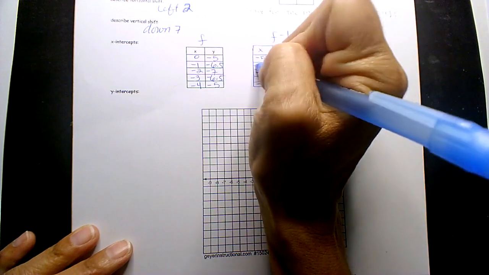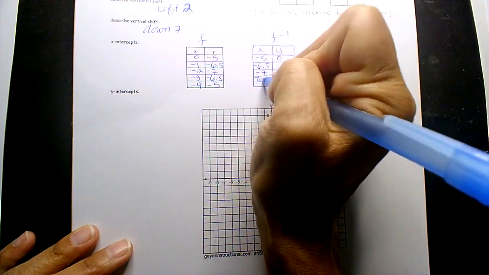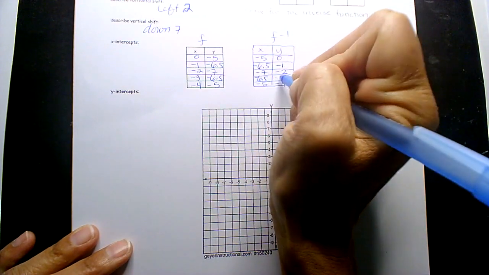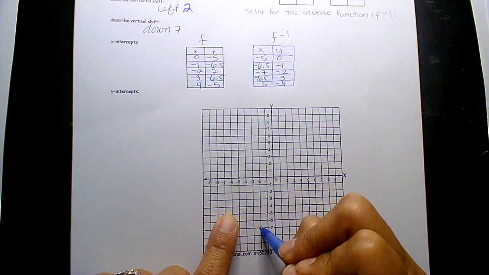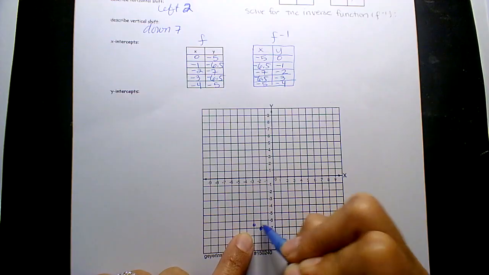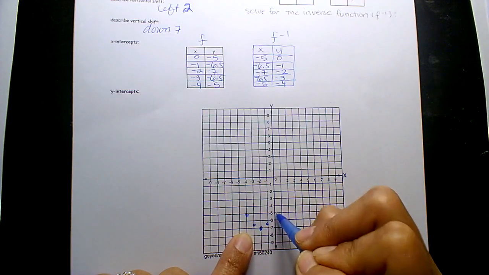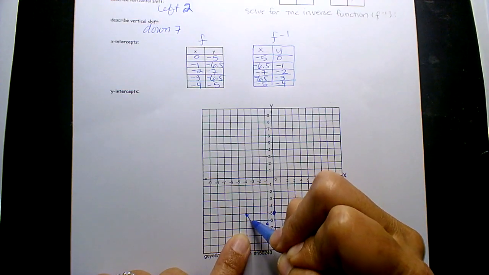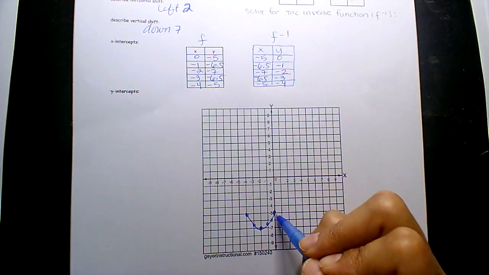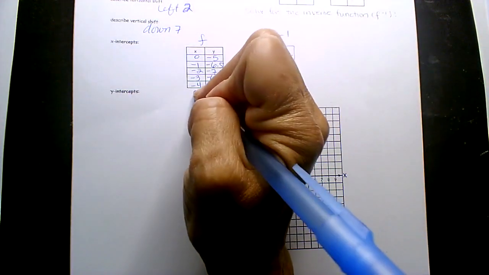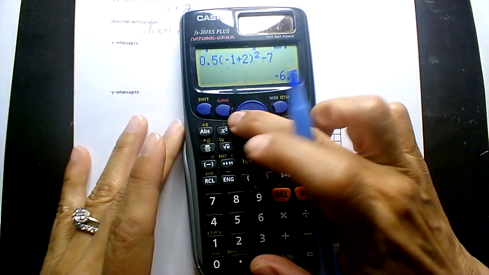Remember, input, output, guys. -1, -3. Okay, so if I plot, these were 6.5, right? And these are 5s. It's kind of small, so I ended up plugging in a 3 just to get a better body of the graph.